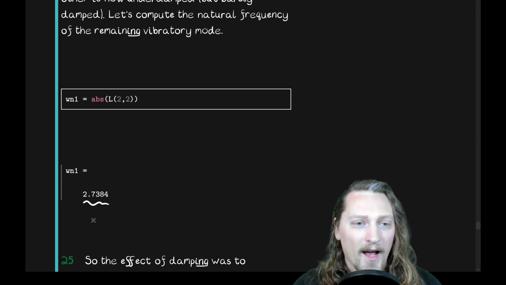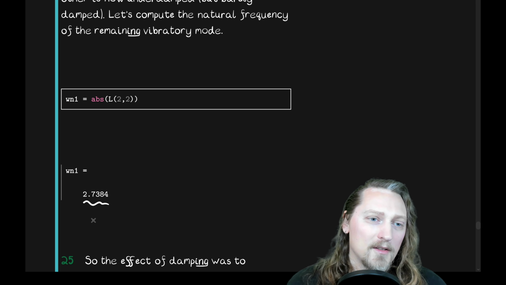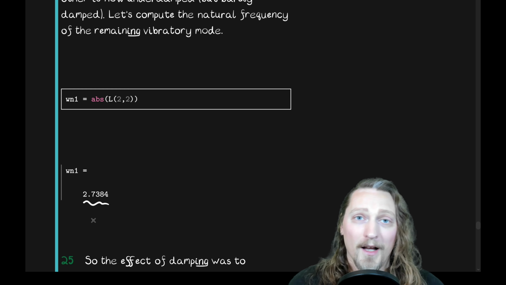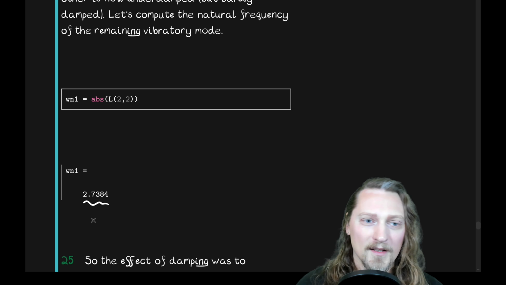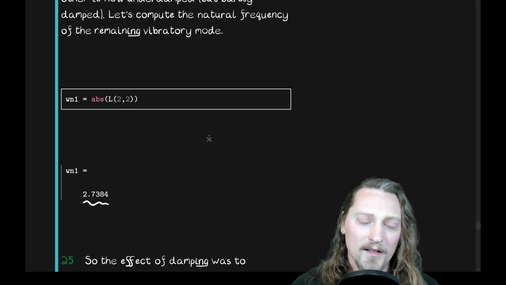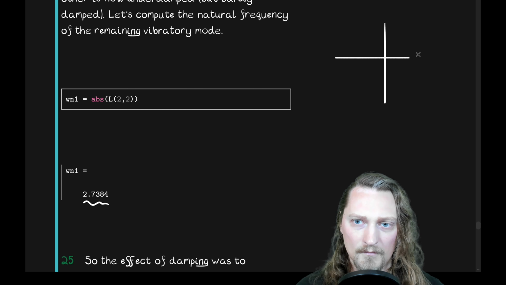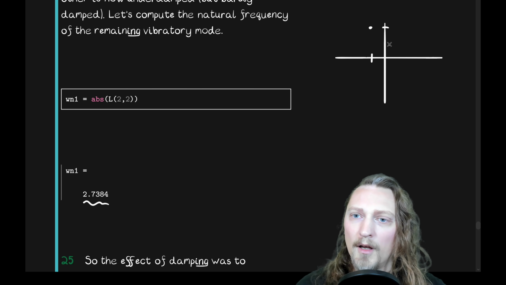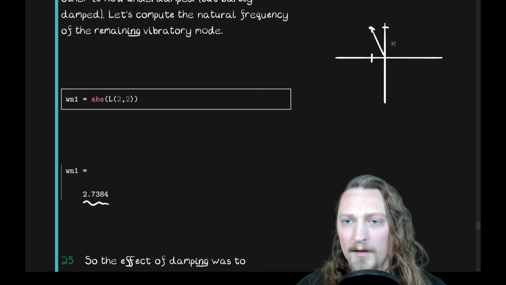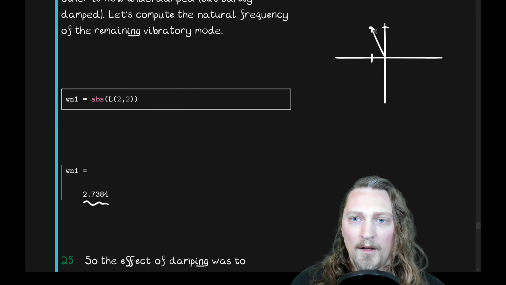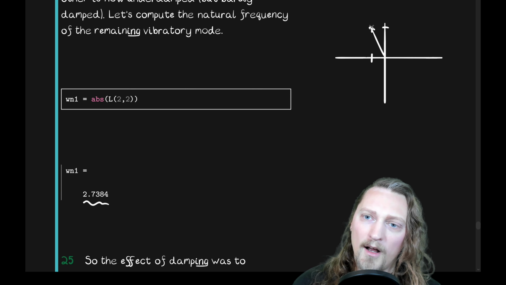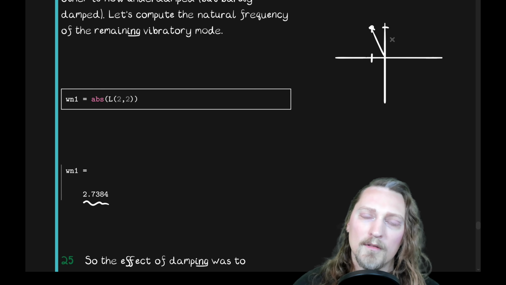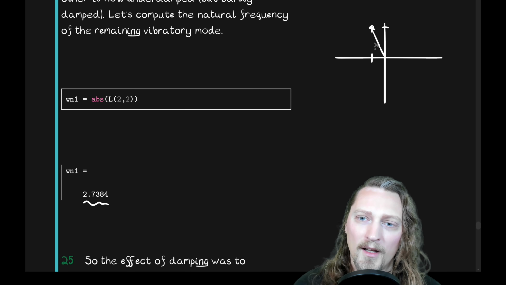Now, you might ask for a justification. Why did I decide that the absolute value was the correct computation there? This is a complex number, right? We have the complex plane. We have some real part and some imaginary part. And what I'm saying is that this line drawn from the origin to that complex number is the natural frequency.